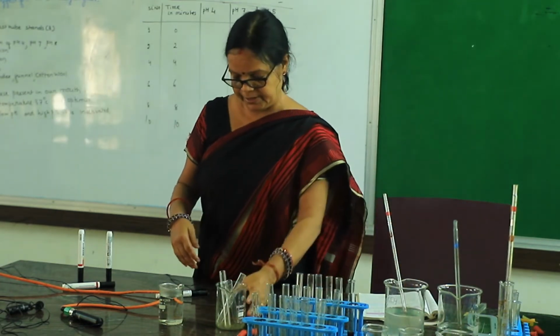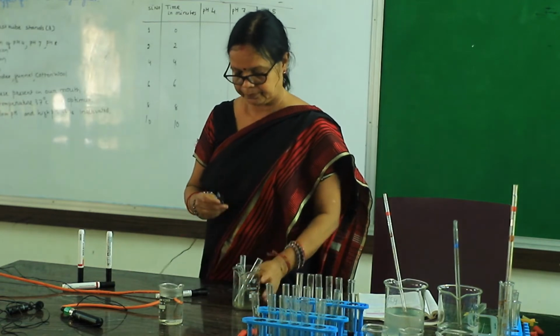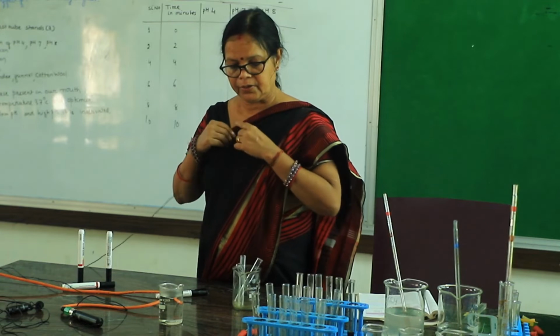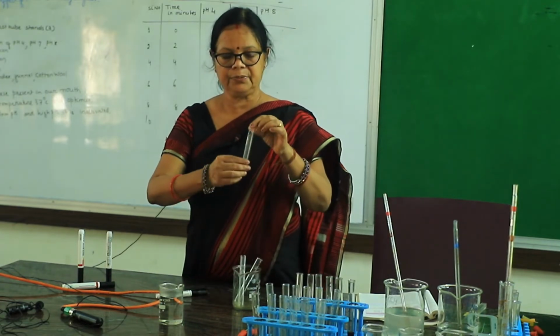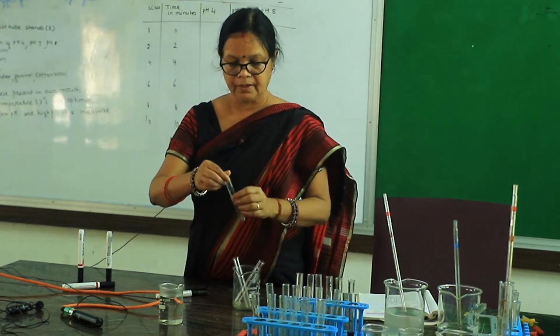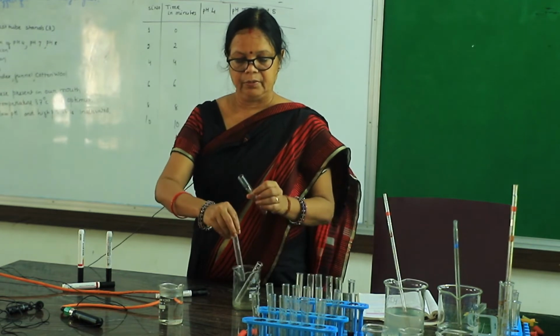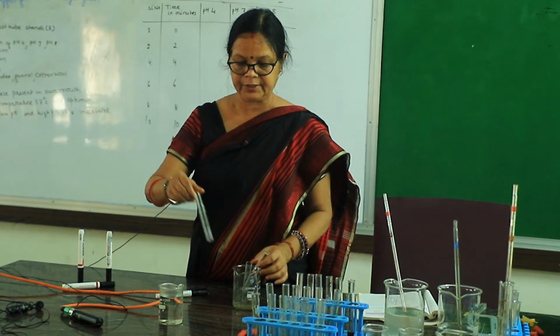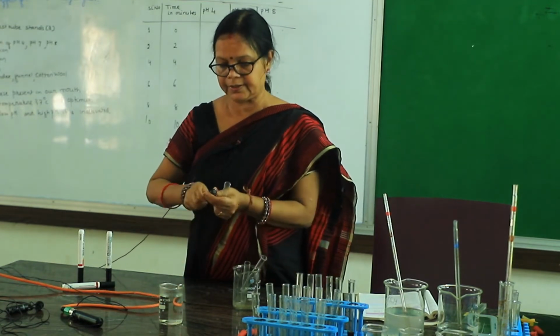So, you have to take 3 test tubes and label each one with the pH number: pH 4, pH 8 and pH 7.